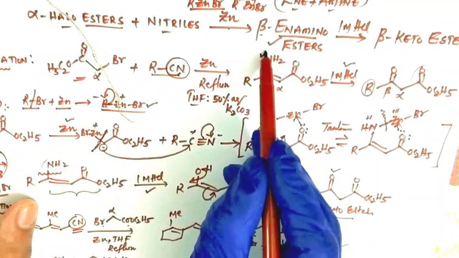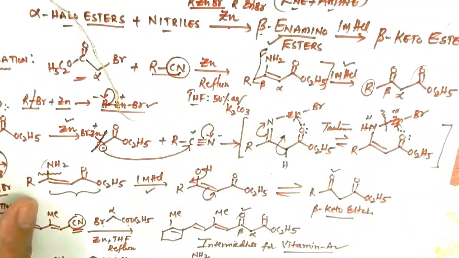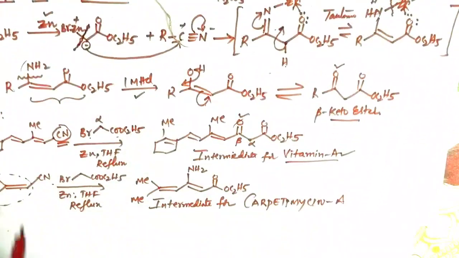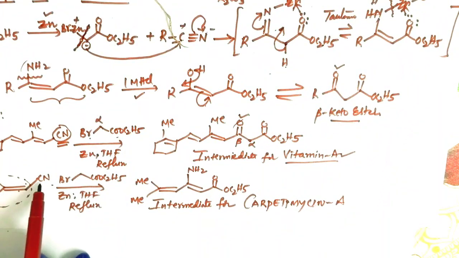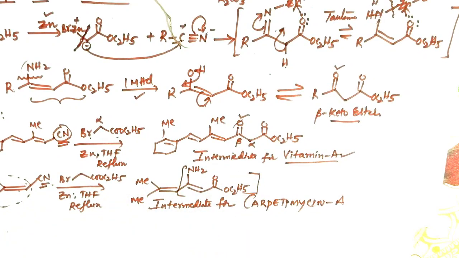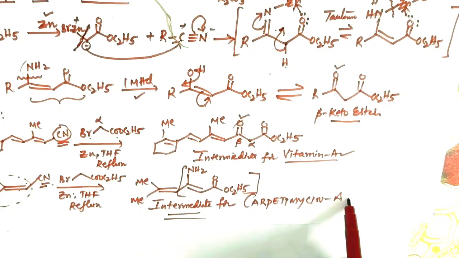CN is going to be replaced with this moiety. Simply write that moiety here. Consider this is the R group. The CN will be replaced with this moiety, NH2, C double bond O, OC. So this is an intermediate for capitimycin A.